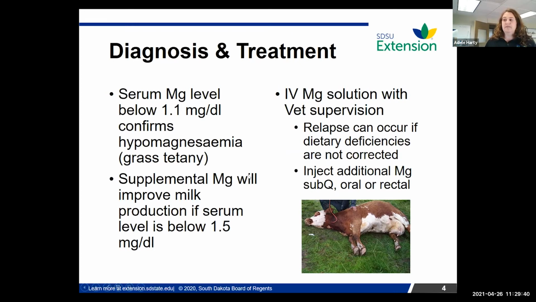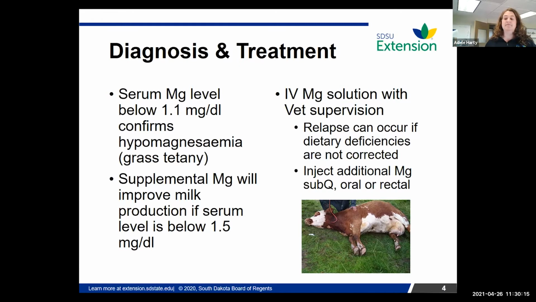In regard to treatments, those cattle are going to require an IV injection of a magnesium solution with veterinary supervision. This is one of those things where these animals can become very aggressive. They don't feel good, they hurt, and you supply the IV solution, and they're actually typically going to have a very rapid turnaround.